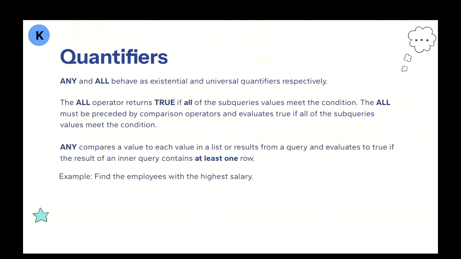So, for example, if we want to find the employees with the highest salary, what we can do is select the employee whose salary is larger than or equal to all employees in the table. So this is how all works.